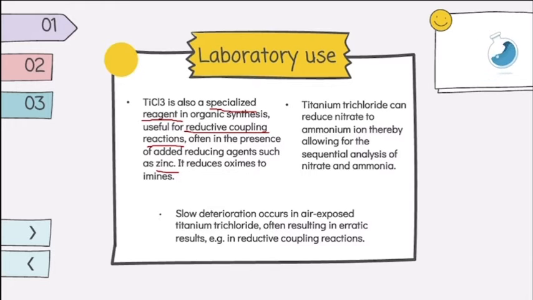Titanium trichloride can also reduce nitrate to ammonium ion, thereby allowing for the sequential analysis of nitrate and ammonia. Lastly, slow deterioration occurs in air-exposed titanium trichloride, often resulting in erratic results, for example in reductive coupling reactions.